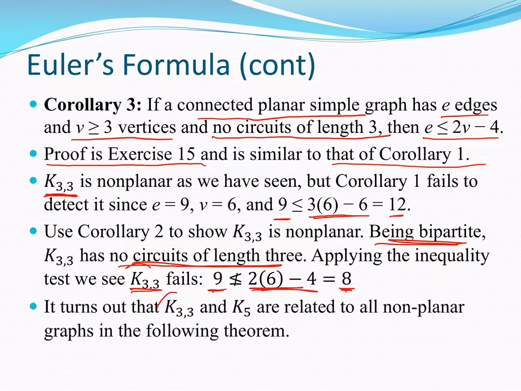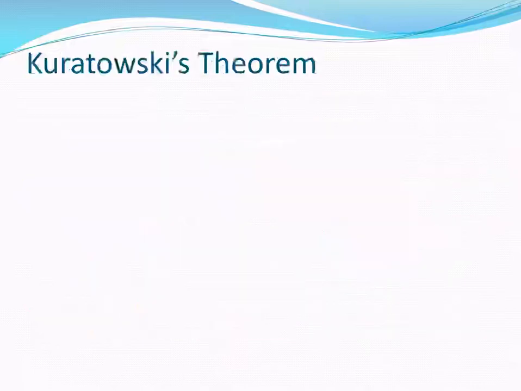And it turns out that these two graphs are related to all non-planar graphs through the following theorem. It's called Kuratowski's theorem. We have one more concept we need to capture before we can state Kuratowski's theorem.